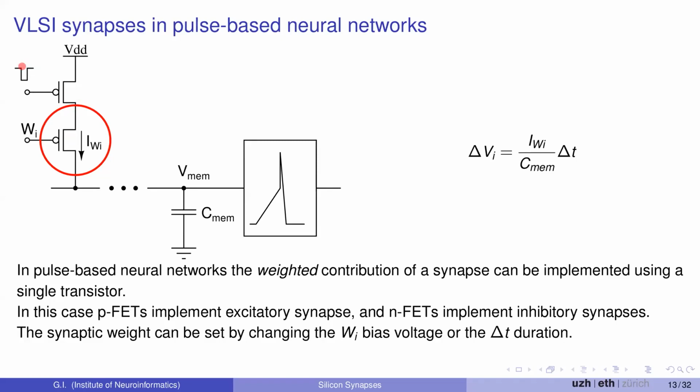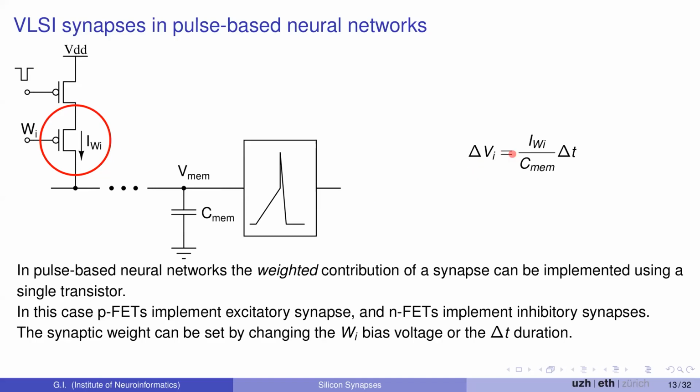If you're having pulsed neural networks, another way of changing the weight is not by changing the voltage of the transistor that's sort of modulating the current going through, but it's by changing the width of the pulse. So you can either do one or the other, or both.